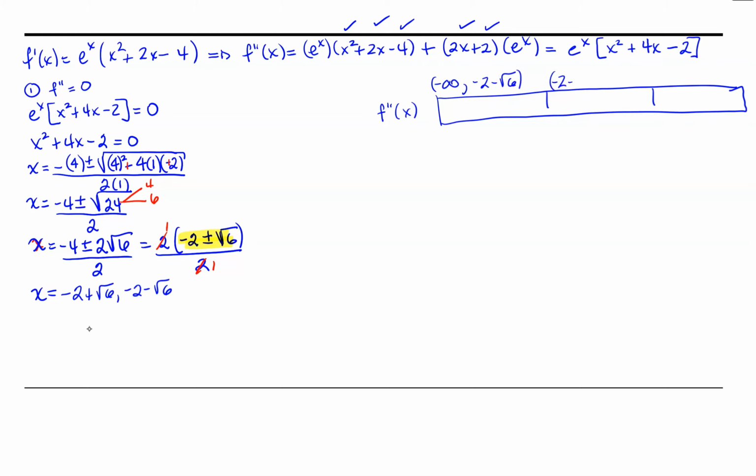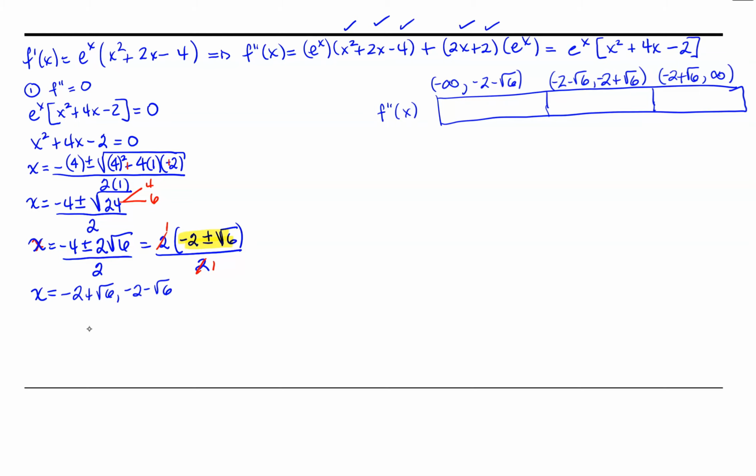Then from negative 2 minus square root of 6 to negative 2 plus square root of 6. And then from negative 2 plus square root of 6 onward to infinity. And so we need to choose values in each of these intervals to test our second derivative.